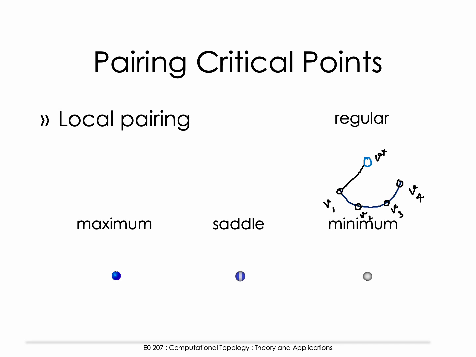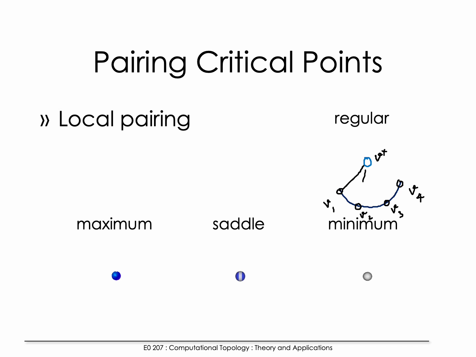So the edge VV1 is a destroyer, and it destroys the simplex that was created by V. So the edge VV1 is already paired with V. So that's taken care of.